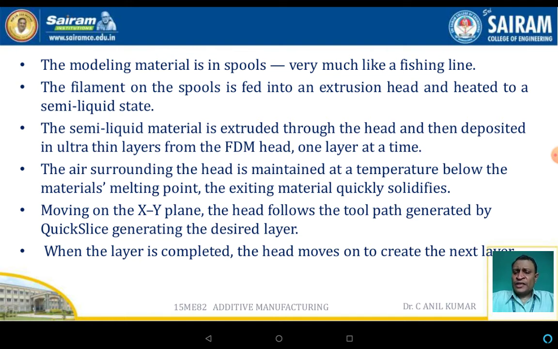The air surrounding the head is maintained at a temperature below the material's melting point, so the extruded material quickly solidifies. The movement of the head on the XY plane follows the tool path generated by QuickSlice for the desired layer. When the layer is completed, the head moves up to create the next layer.